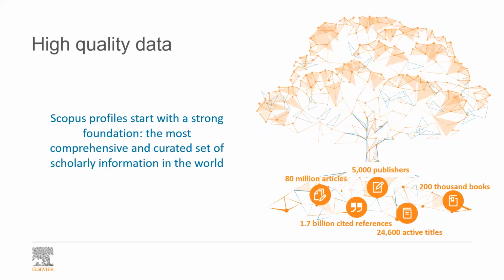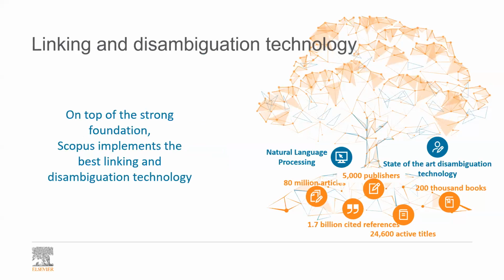How Scopus goes about doing this is that we leverage a very strong foundation, with a comprehensive and curated set of scholarly information from all around the world, by working together with over 5,000 publishers and aggregating over 80 million articles from over 200,000 books. We break them down into very granular details, and we build upwards as well.